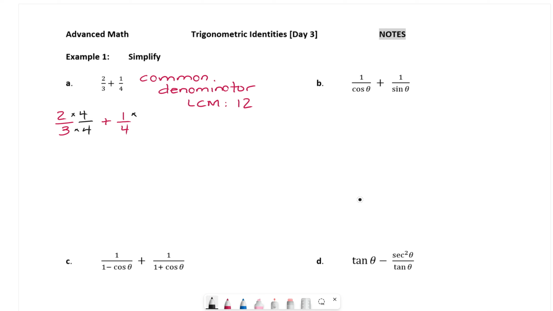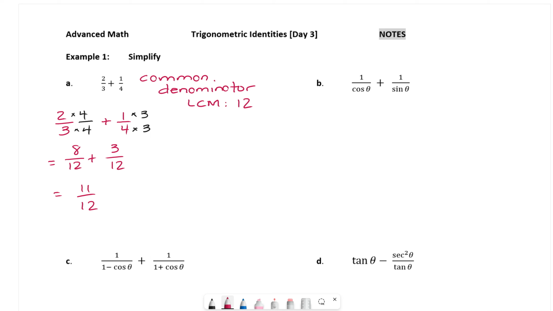For 1/4, we are going to multiply numerator and denominator by 3, and in so doing what we achieve is that your denominator for the first fraction turned to a 12, and the denominator for the second fraction turned to a 12. So when you combine these, you end up with 11/12.